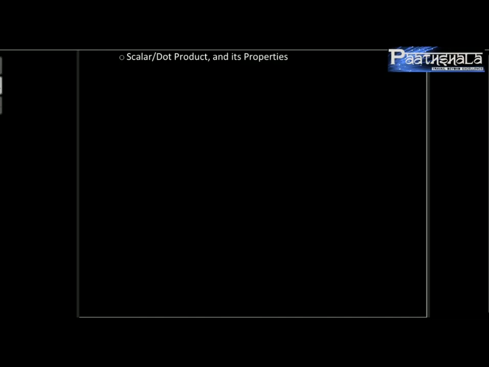Let us say we have got two vectors, a bar and the vector b bar. The scalar product gives us a value which is equal to a b cos theta, which is a scalar in itself.